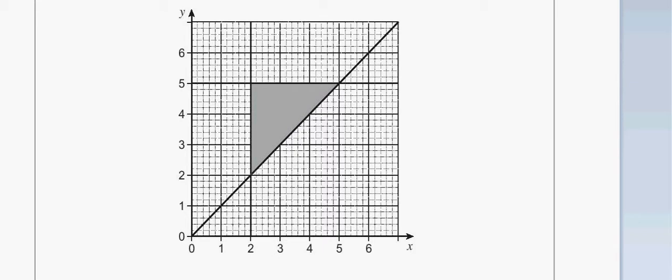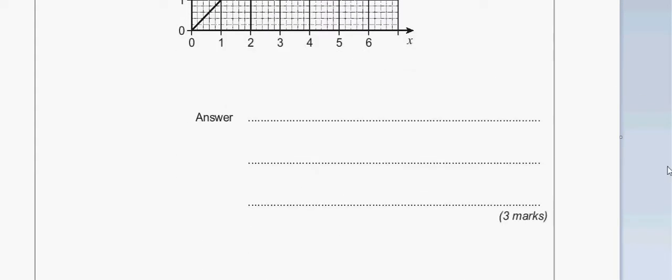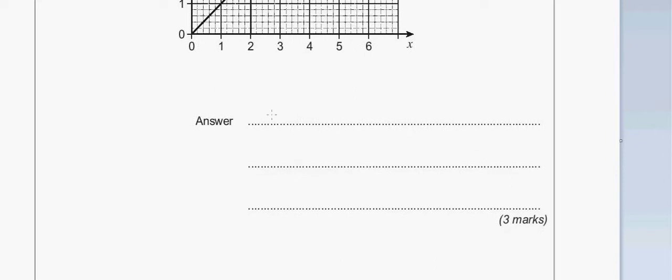Here we're only interested where y is less than 5, because it's been shaded underneath 5. So we can say that y is less than or equal to 5, because that line is solid.